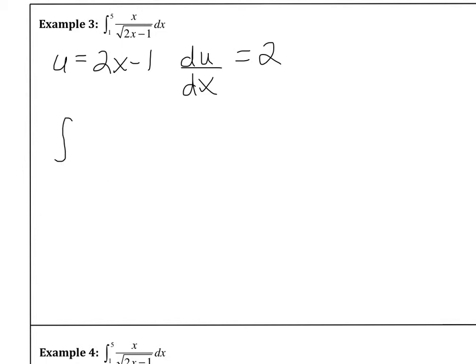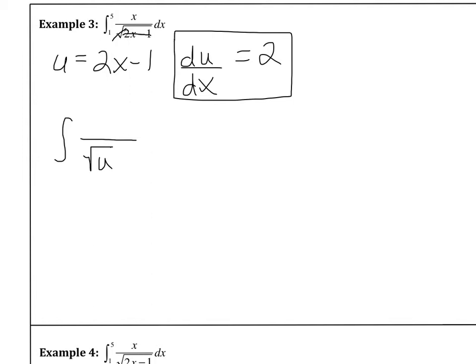So here's my integral. I don't know what to do with the numerator yet, so I'm going to leave it alone. I do know what to do with the denominator, so let's handle that. By writing root u, I've taken care of the radical, and I've taken care of the 2x minus 1. I need an x dx, and I don't think that I'm going to get an x from this, but I can get a dx.